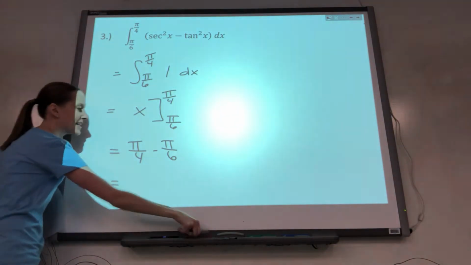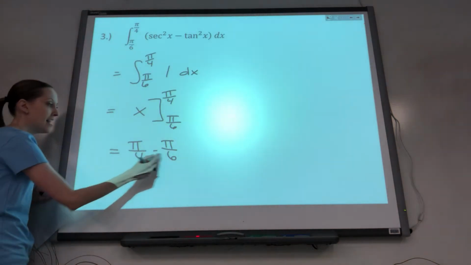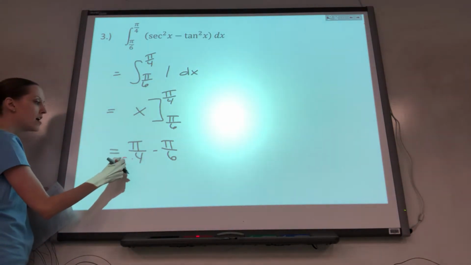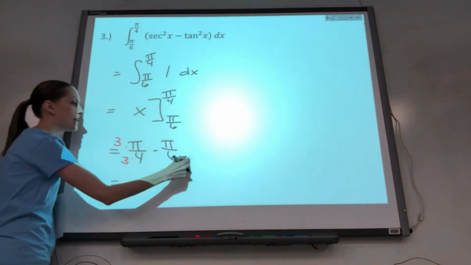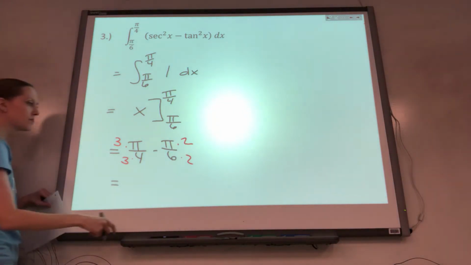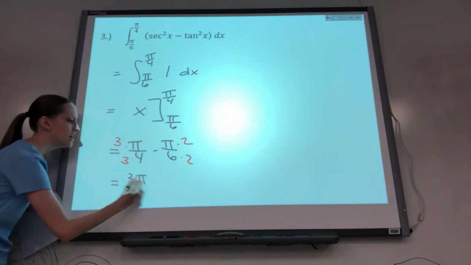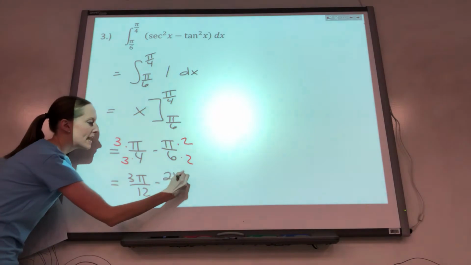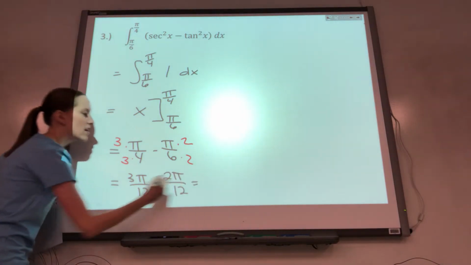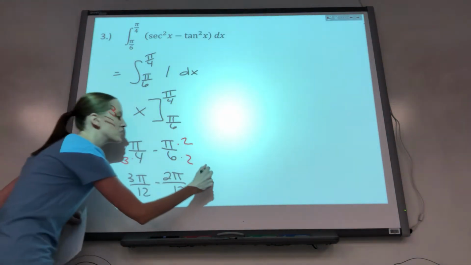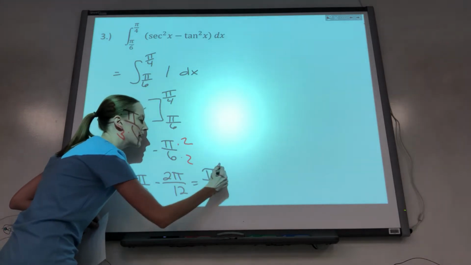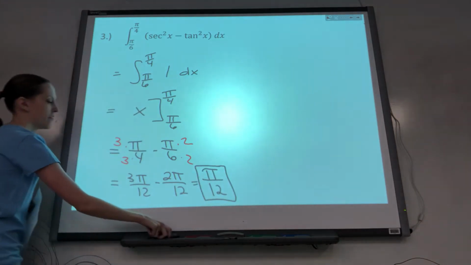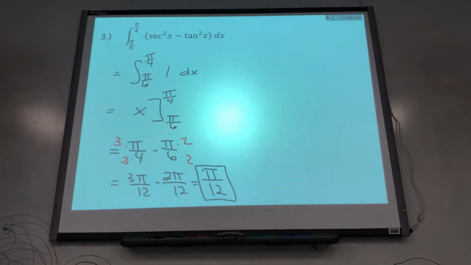So you may have to get some common denominators. LCD is 12. I'll multiply that by 3 and that by 2. So 3 pi over 12 minus 2 pi over 12. That would just be 1 pi over 12. So that would be our answer for number 3.